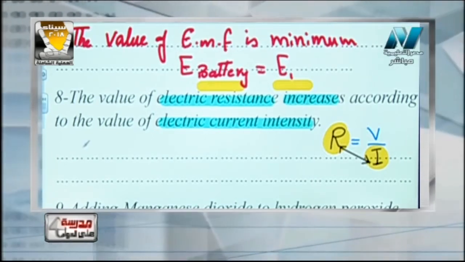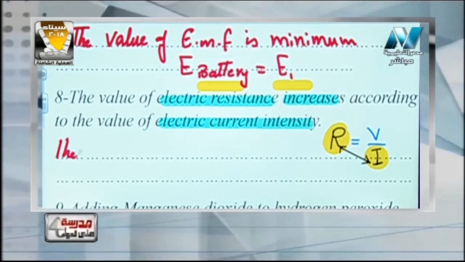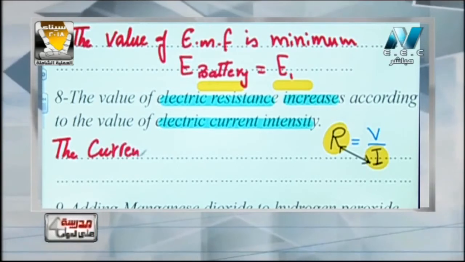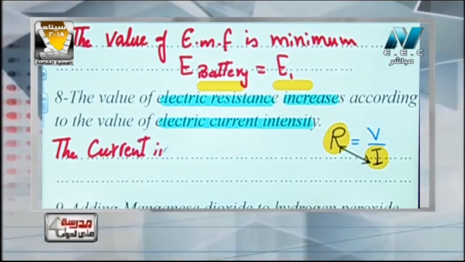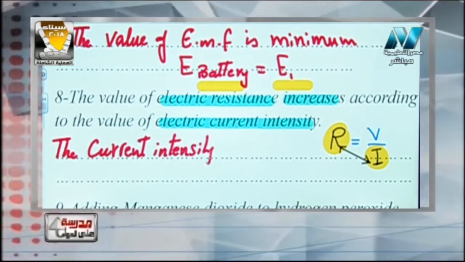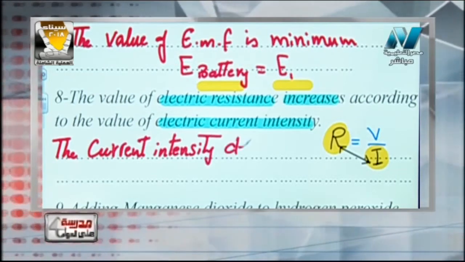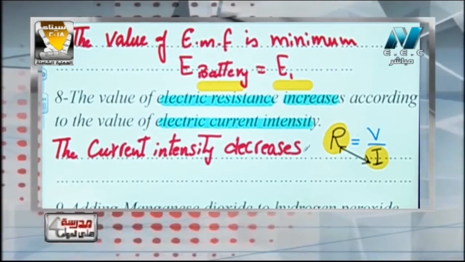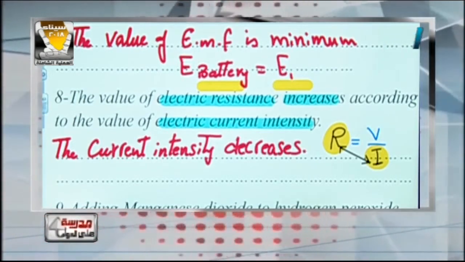So here we have to write: the electric current intensity decreases.